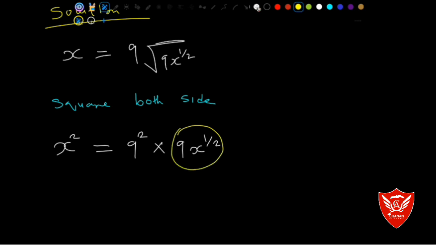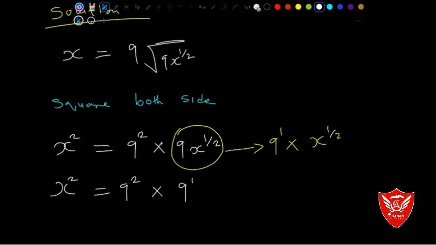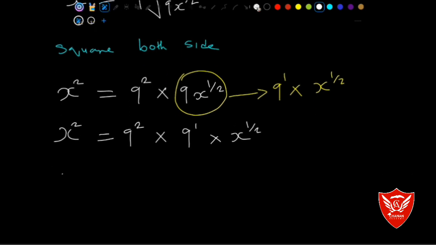We also know that this also means 9 raised to the power of 1 multiplied by x raised to the power of half. So we can have x^2 equal to 9^2 multiplied by 9^1 multiplied by x^(1/2). So we can add the power of 9.